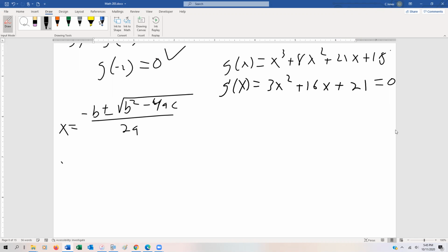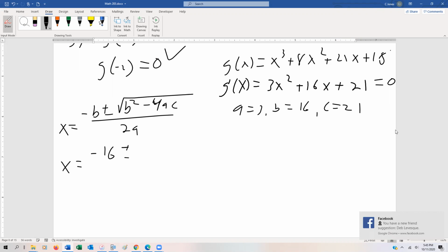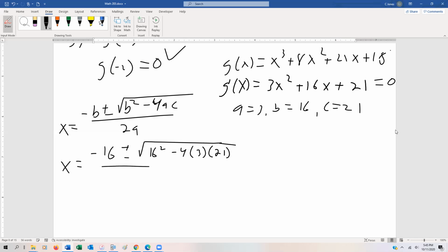In this case, a is 3, b is 16, c is 21. So that's the opposite of 16 plus or minus the square root of 16 squared minus 4 times 3 times 21, all divided by 2 times 3.